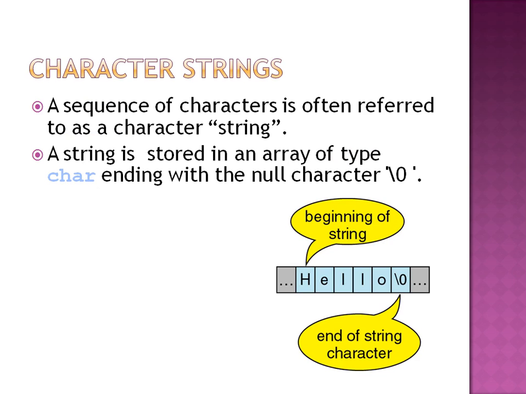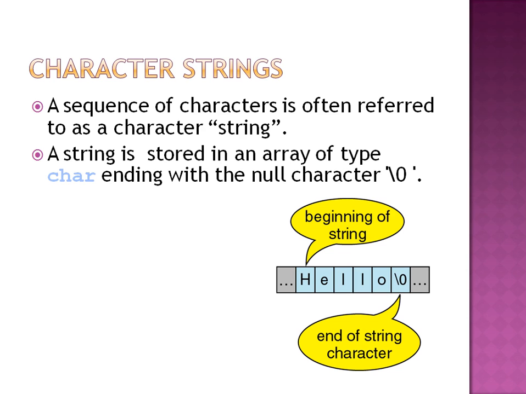Okay. Next is, if you see this diagram, every character string, even if it's a sequence of characters, is referred to as a string, and it starts with an index 0.